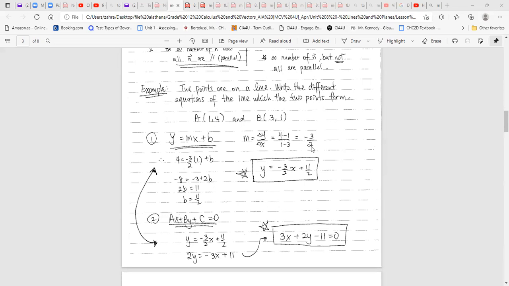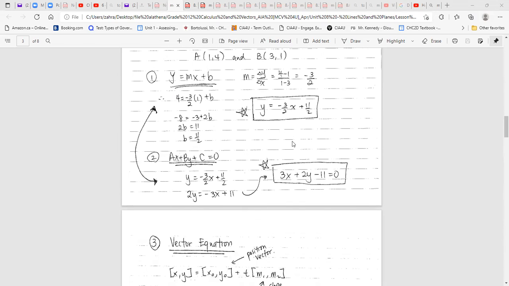So you get negative 3 over 2 for m. Then you substitute one of the points. Here you can substitute y as 4 and x as 1, solve for b, and rewrite the equation. Now you have m and you have your b, so you just write that.